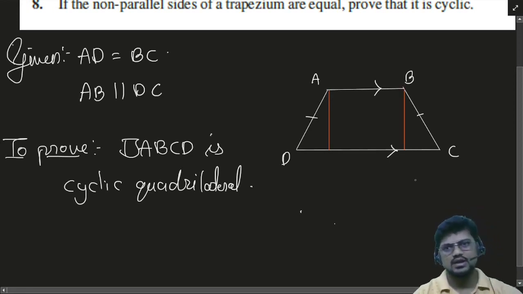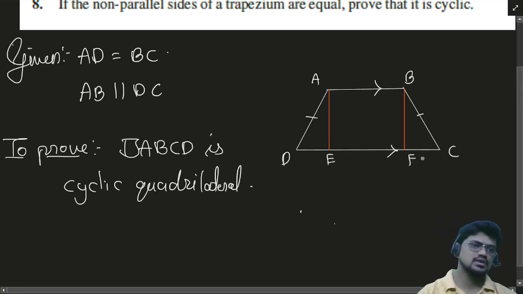This is ABCD, and let's say these points are E and F. Okay, both the points are E and F.